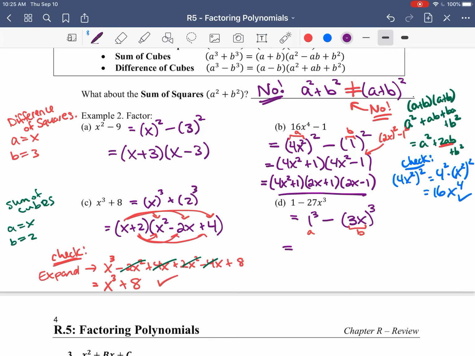If I plug this into the formula, the formula for difference of cubes is right here. We have this side, and we want to turn it into this side. So it's going to be a minus b, so 1 minus 3x, multiplied by a squared, so that's 1 squared, plus a times b, plus b squared.